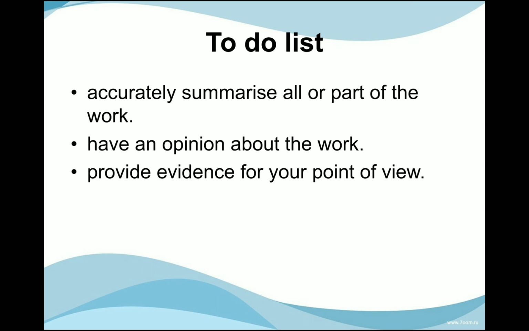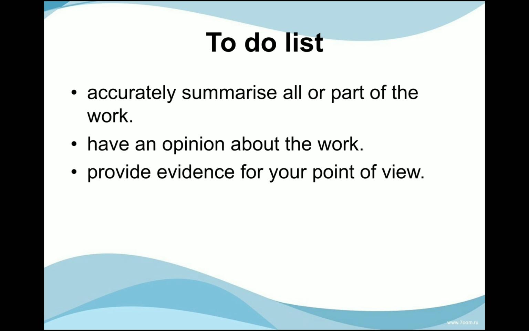You need to accurately summarize all or parts of the work. This could include identifying the main interpretations, assumptions, or methodology. Have an opinion about the work. Appropriate types of opinion could include pointing out some problems, proposing an alternative approach that would be better, and or defending the work against the criticisms of others.